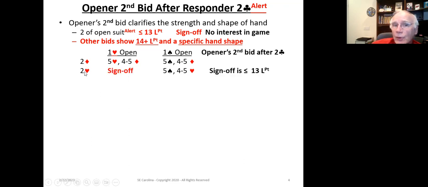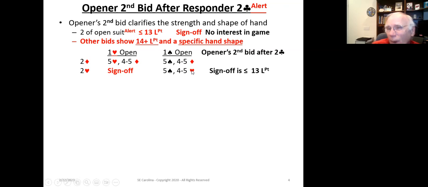If the opener bid 1 heart to begin with and then bids 2 hearts, they're signing off. However, if they open 1 spade and then bid 2 hearts, they're saying, I've got 5 spades and I'm guaranteeing 4 to 5 hearts. So you can see that these bids are describing the shape of the hand.